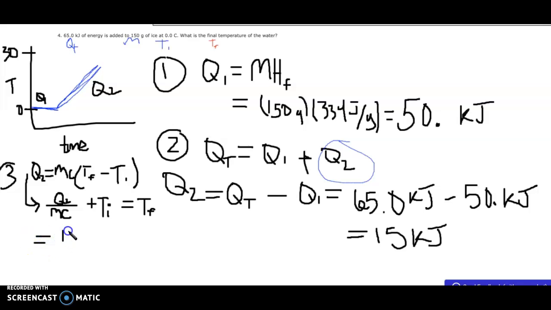Right here is another situation where you have to either stay in kilojoules or convert to joules. They give you specific heat, or C, in joules, so I'm going to make sure that my top Q2 is in joules as well. So it would be 150,000.